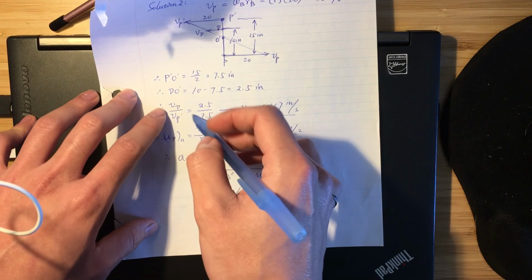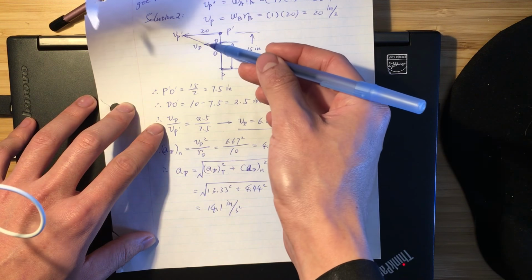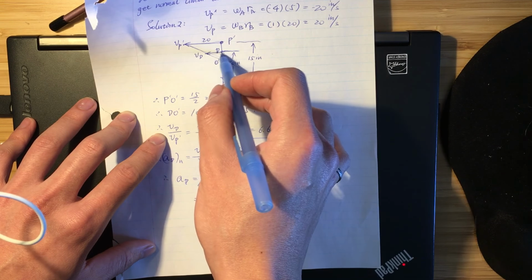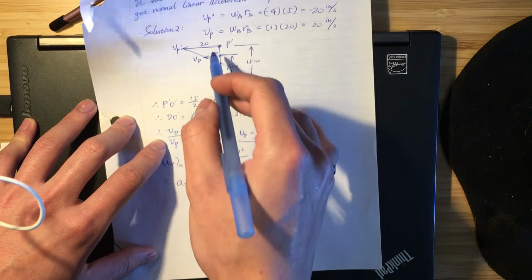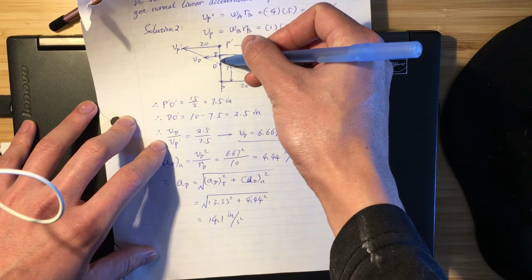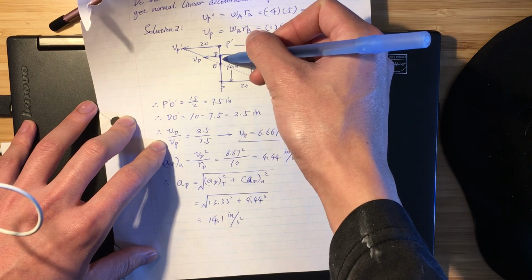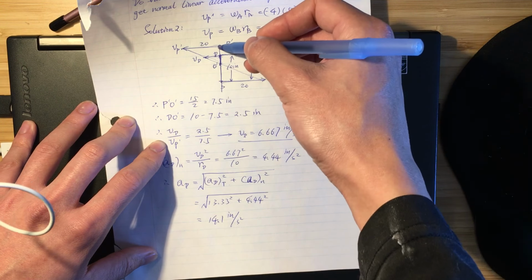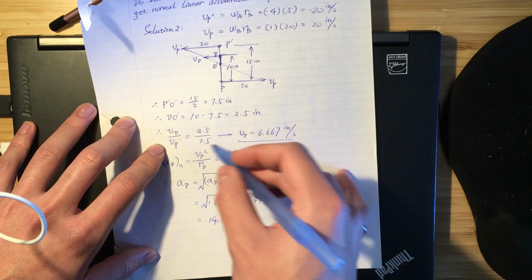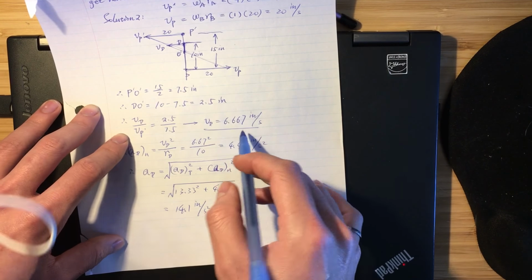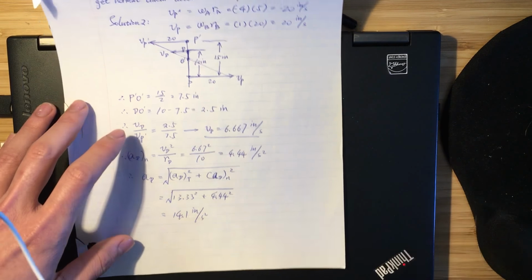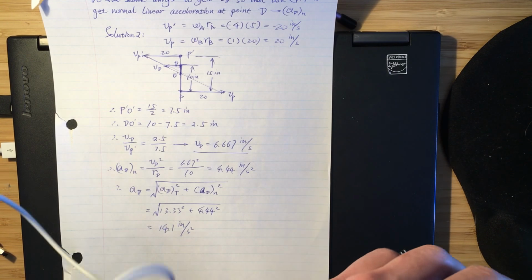So VD, which is the length here, the bottom line of the triangle, VD over VP prime is equal to 2.5, the DO prime length, over P prime O prime, so 2.5 over 7.5. So VD is equal to 6.667.